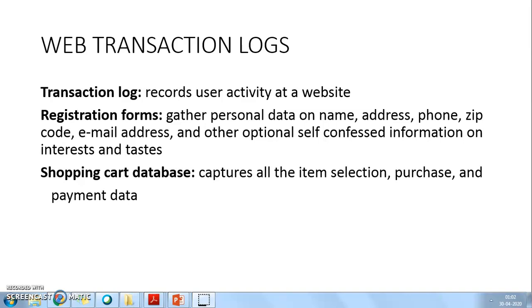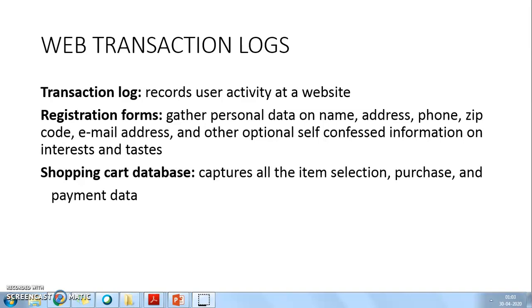Transaction log data becomes even more useful when combined with two other visitor generated data trails, registration forms and the shopping cart database. Users are enticed through various means to fill out the registration forms. Registration forms gather personal data on name, address, phone, zip code, email addresses and other optional self-confessed information on interest and taste.